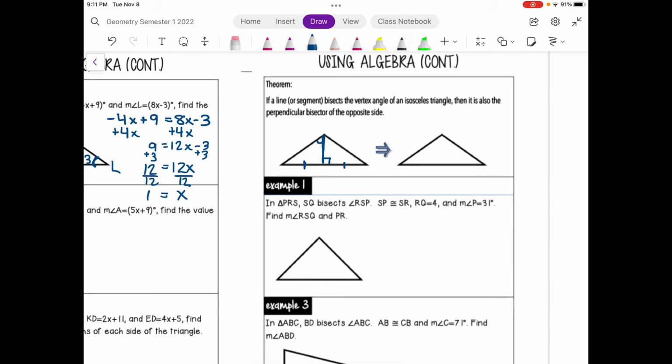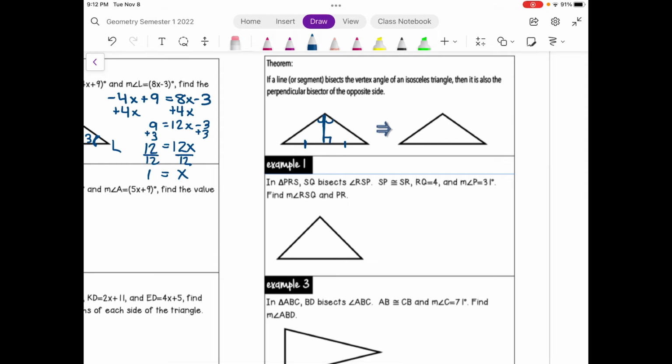Also, this angle must be equal to that angle because it is a bisector, meaning that it cuts it in half evenly. So not you trying to get the bigger slice of pizza, but actually giving you and your friend equal sizes there, okay?